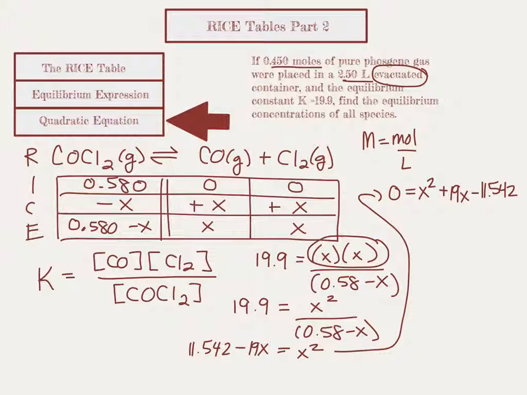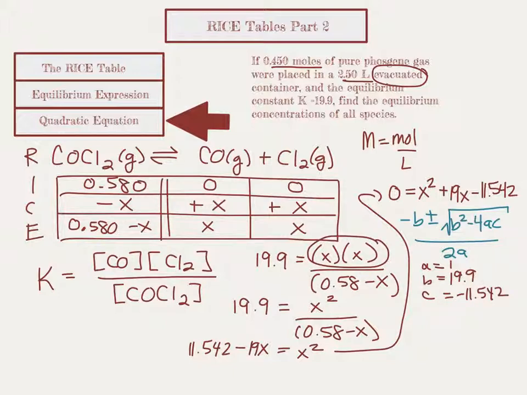At this point, we can use the quadratic equation, which, if you recall, is negative b plus or minus the square root of b squared minus 4ac over 2a. And I will plug in my a, which is 1, my b, which is 19.9, and my c, which is negative 11.542.